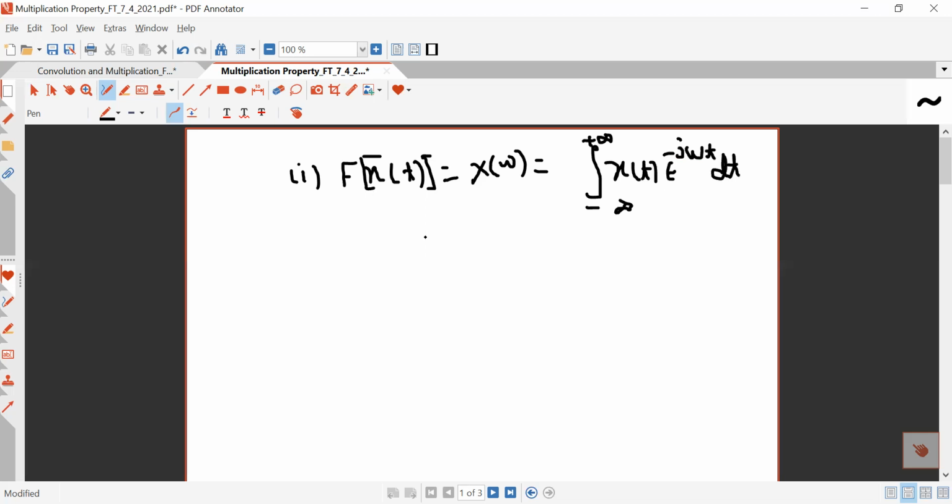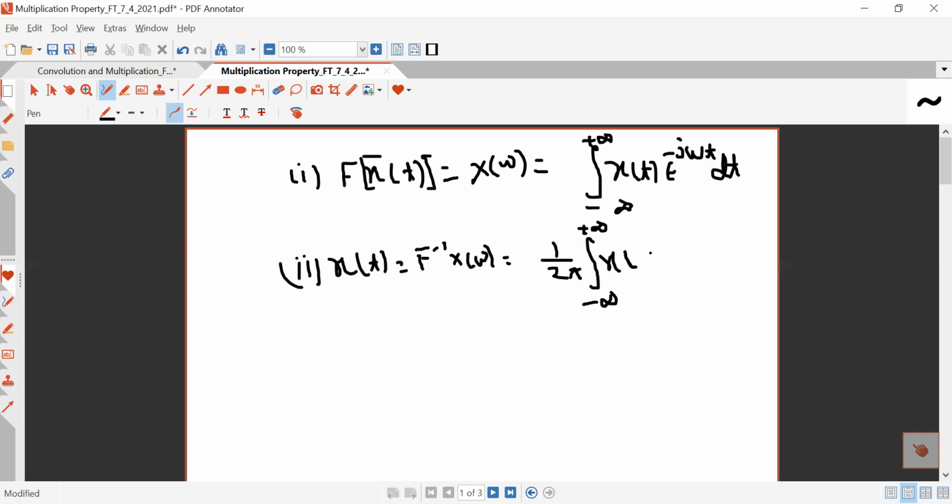And the second thing which you will have to remember is the inverse of the Fourier transform, that is xt. xt is the inverse of the Fourier transform X omega, which will be equal to 1 by 2 pi integration from minus infinity to plus infinity of X omega e to the power j omega t d omega.